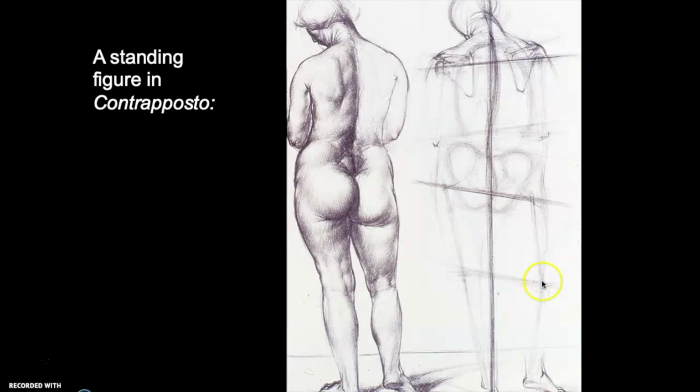and it's resting essentially. And then of course when this person gets tired of standing on one leg, they'd shift their weight to the other, and then the other leg would be resting. But in that process, parts of the body seem to change. Like one of the shoulders drops, the other one goes higher, and one of the hips is higher and the other one drops. Now, that doesn't necessarily mean you're going to get a true contrapposto pose in your drawing this week, but it's just something to keep in mind.